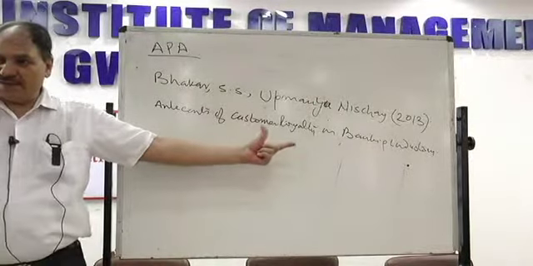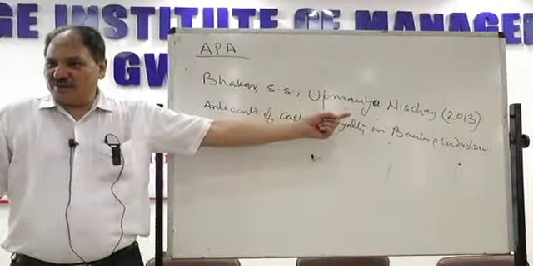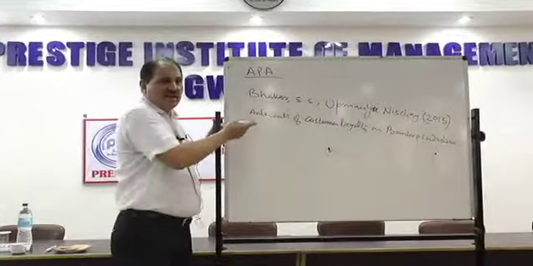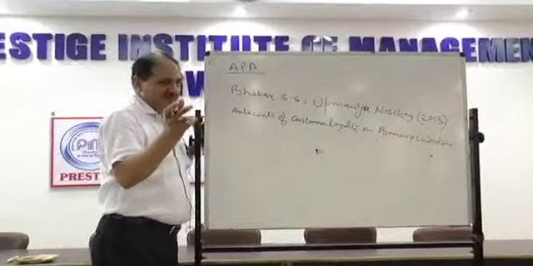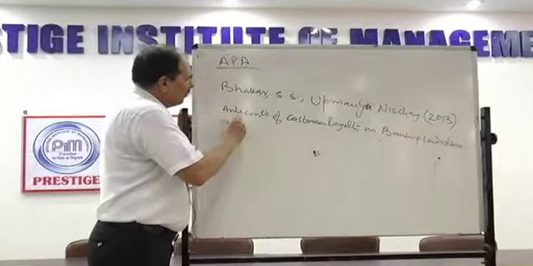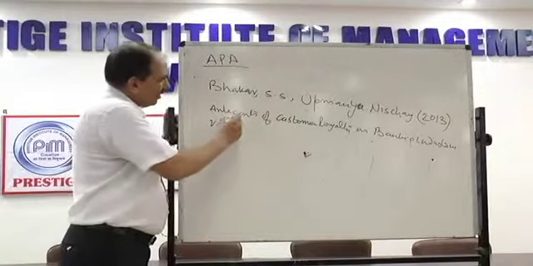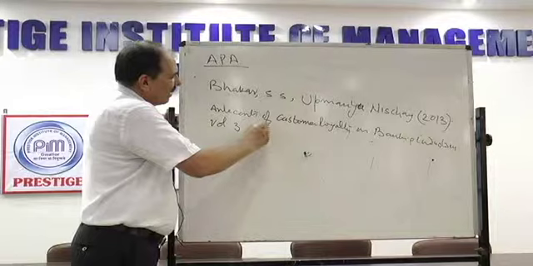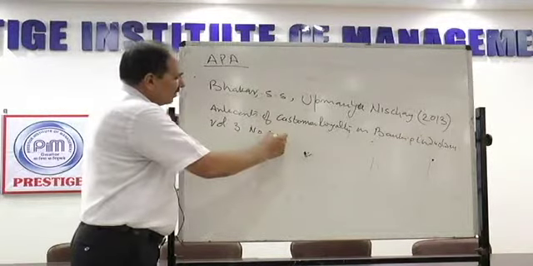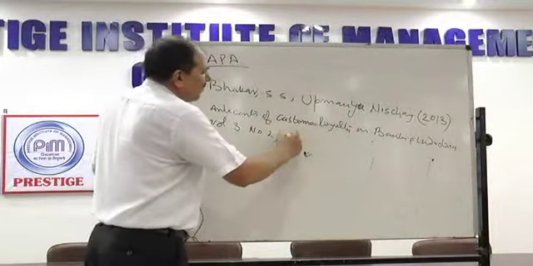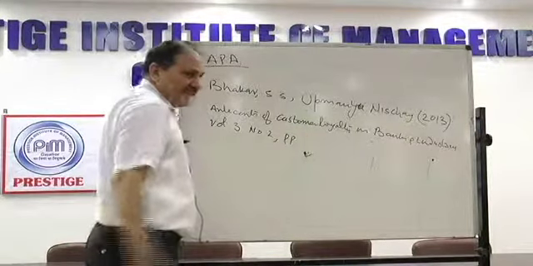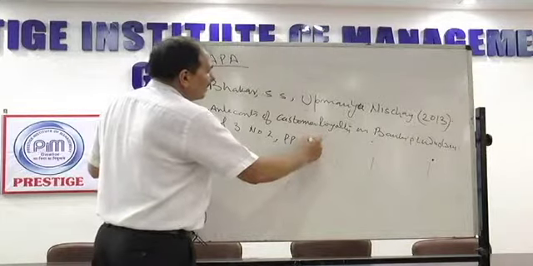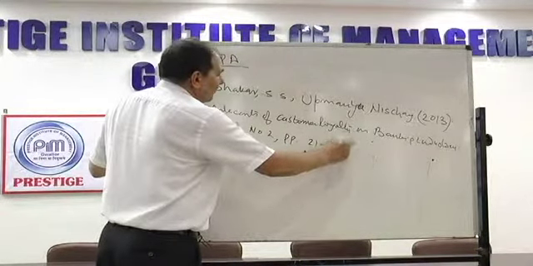At the end of the topic, a period. Then there are variations. You can write volume, VOL dot, whatever is the volume, say volume 3, number 2, comma, PP for pages. If a single page is there, only P; multiple pages, PP dot, say 21 to 35, full stop.